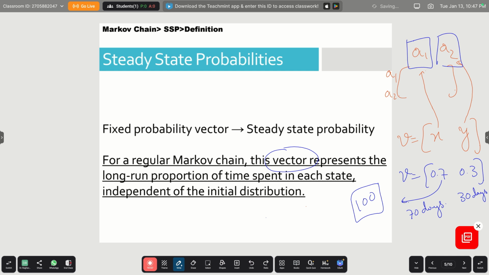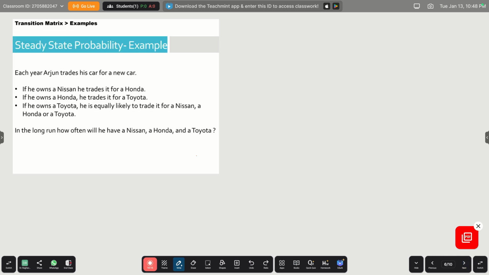So let's try to get a better understanding with a real life example. I'll take the same example I had used in calculating higher transition probabilities. Each year Arjun trades his car for a new car.